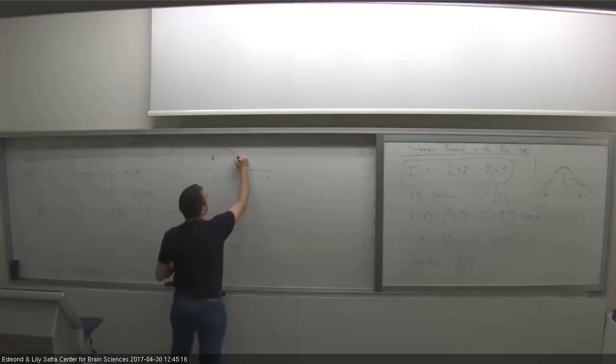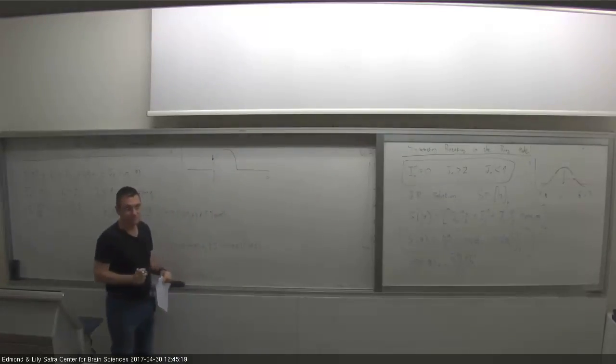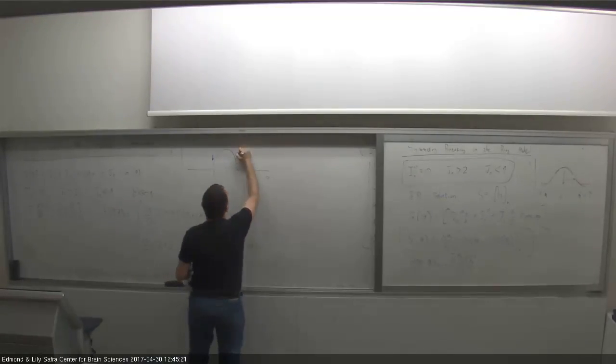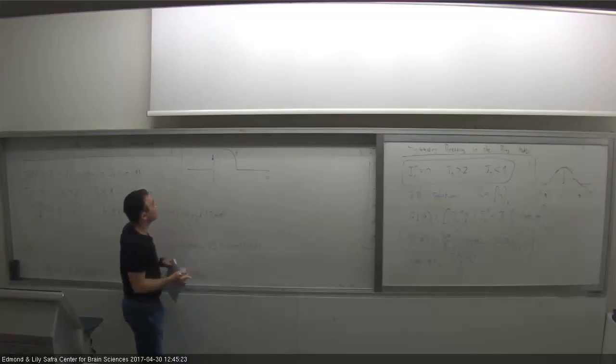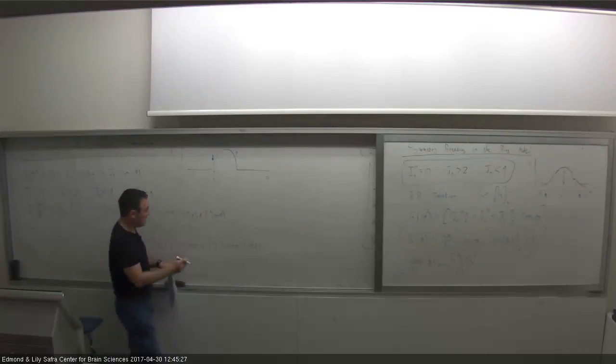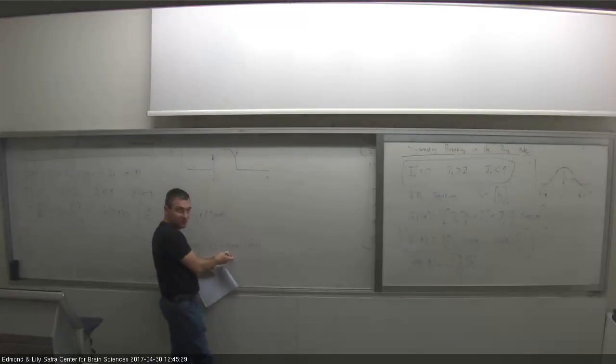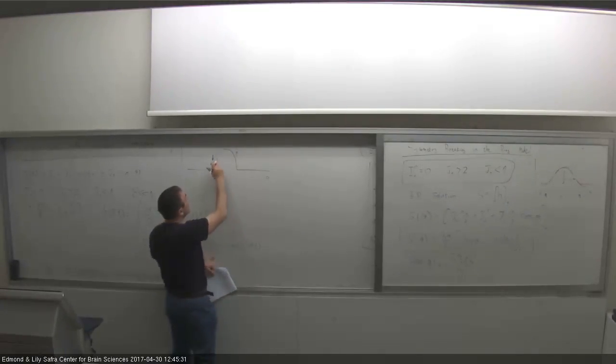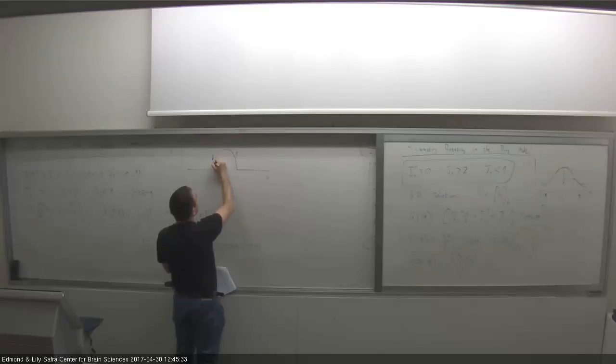What will happen to a neuron here? The firing will go up. So we expect that this term will bring down the firing rate of all these neurons, not only this one, but also this one and this one.